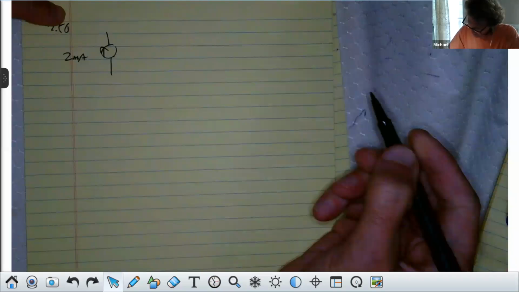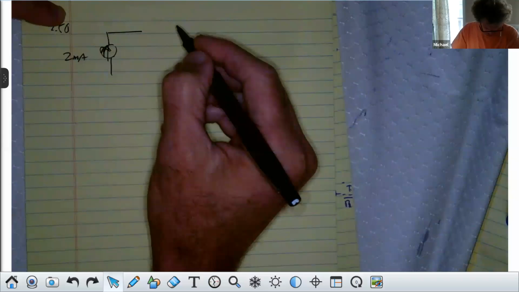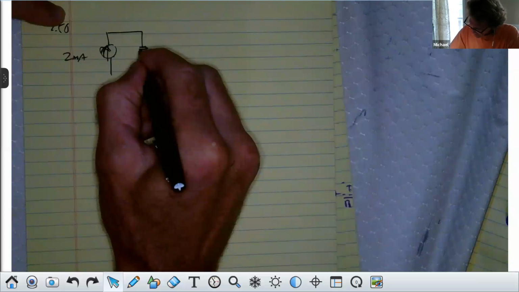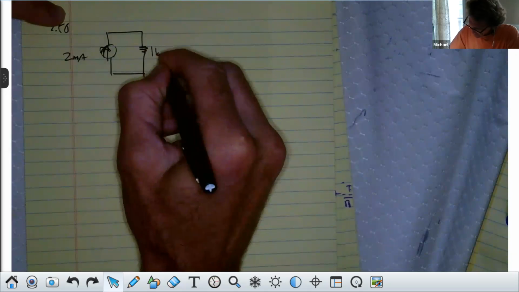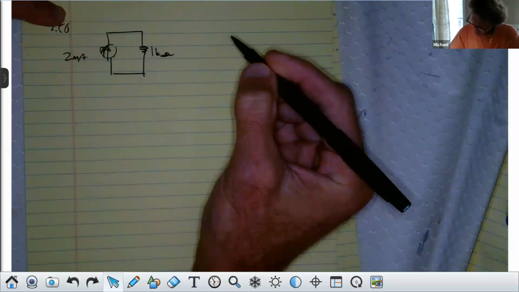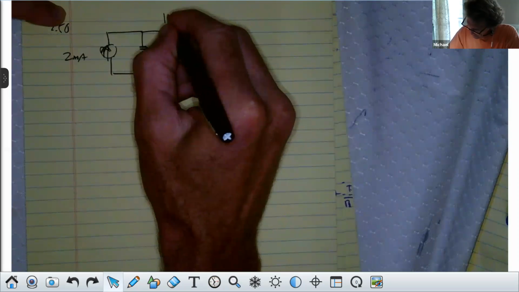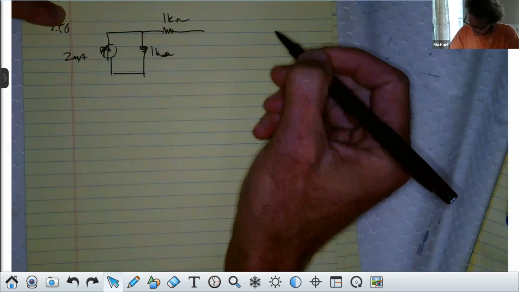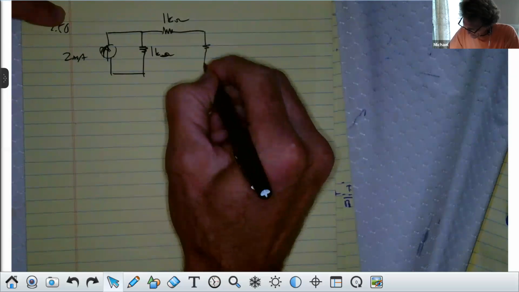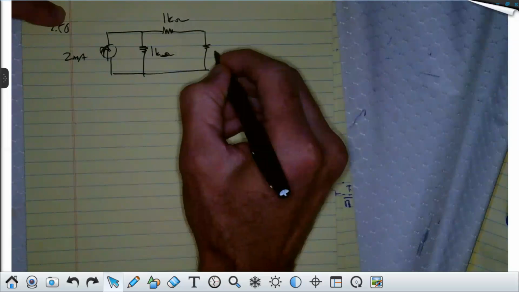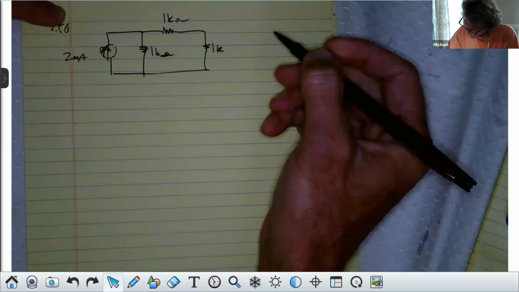It has a 2 milliamp source, going up. Then it has 1K ohm this way, 1K ohm this way, 1K this way, and 1K this way, all right.